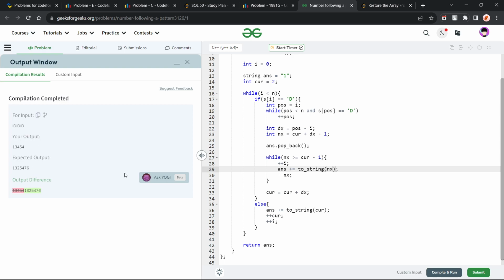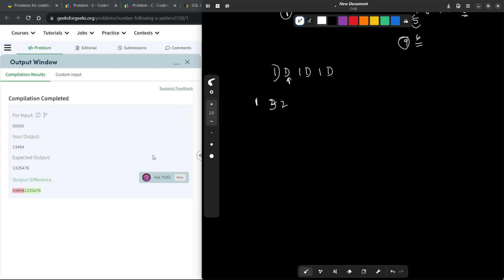What else can we do here? It should be 2 here, right? But we are not getting 2.